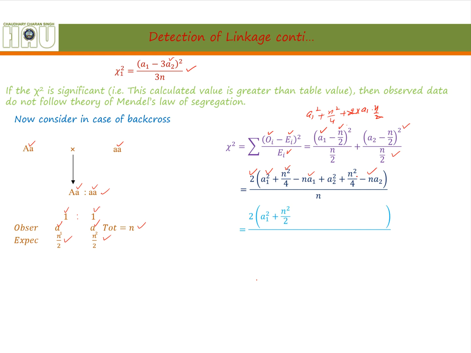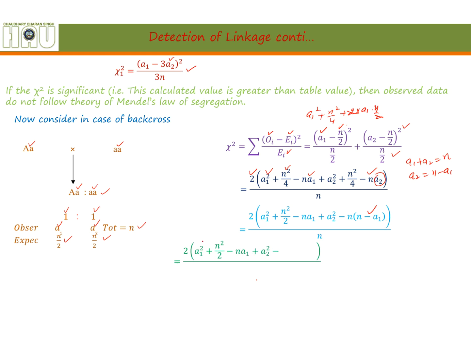Now, if I further simplify it, then I replace this A2, because A1 plus A2 is equal to n. So A2 can be written as n minus A1. So I just replace this A2 as n minus A1 and simplify it further.